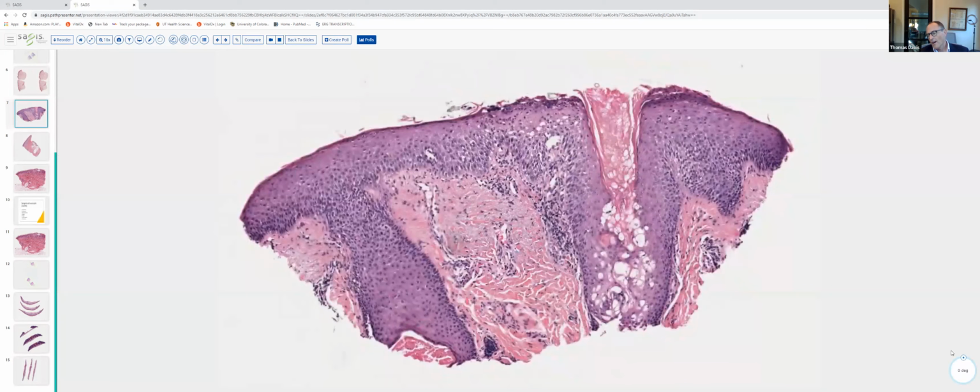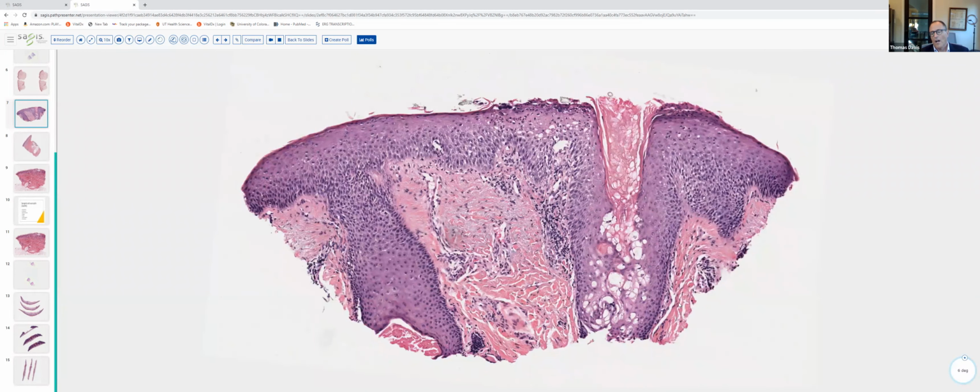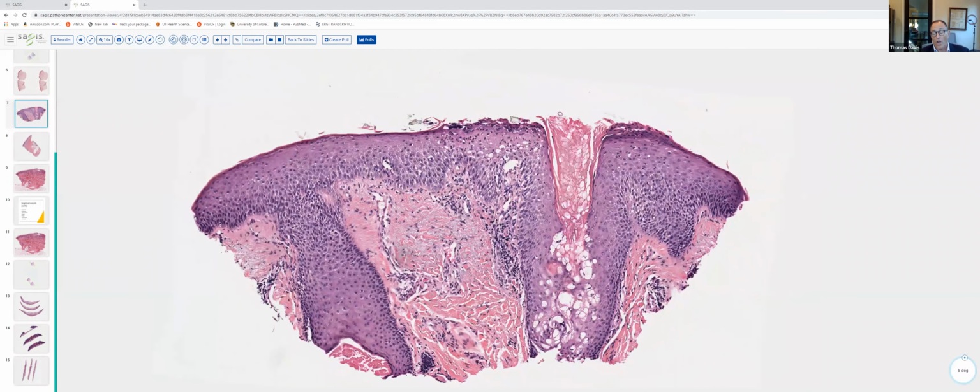Moving on, some of the spongiotic dermatitis that we see histologically are characterized by more specific and defining histologic features. Slide number 4 was an example of seborrheic dermatitis. This is a biopsy from hair-bearing skin, specifically from the face.